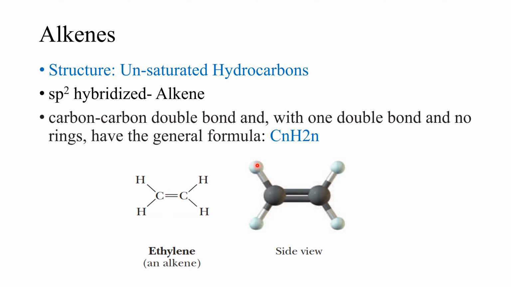This is the ball and stick model of this compound, and if you see it from a side view, it looks like this in a 3D structure. The carbon is shown with a black ball, and each hydrogen with a small white ball. So there is a double bond between the carbon and carbon.